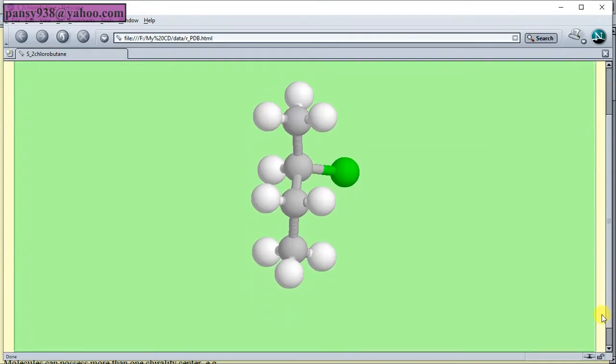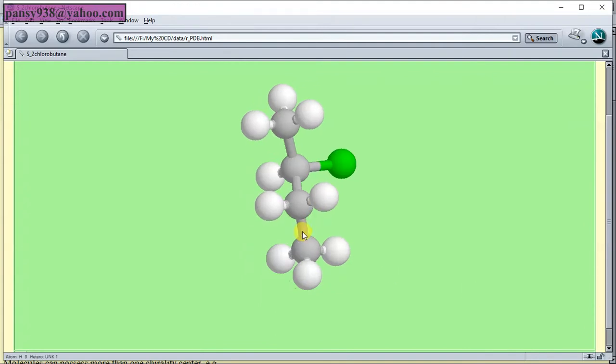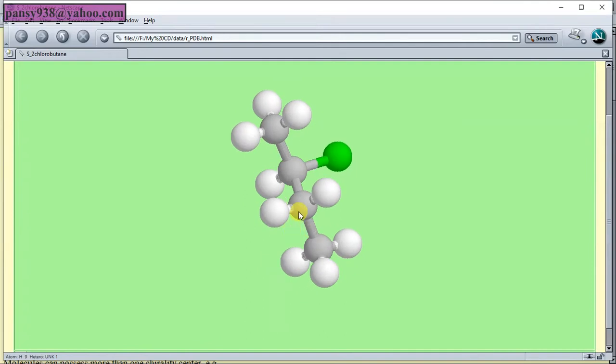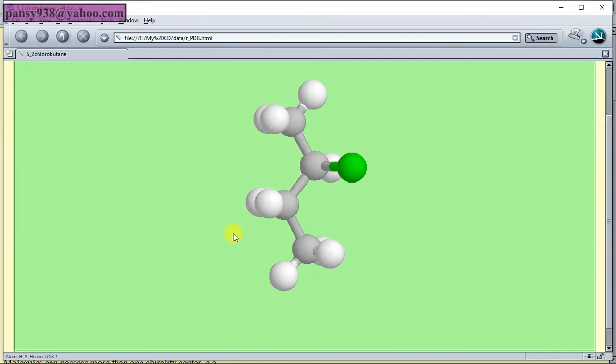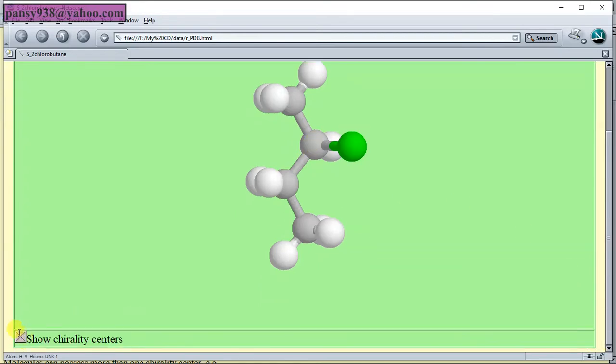You see that all attached atoms are different from each other at this point. Let it be marked in color.